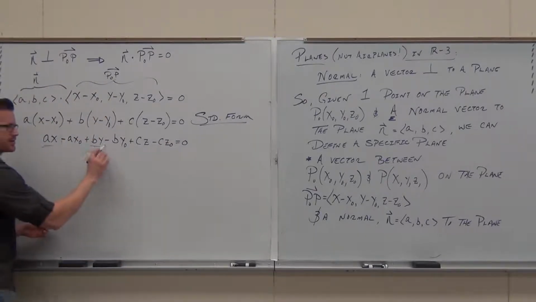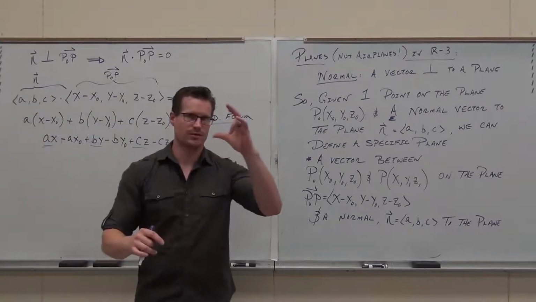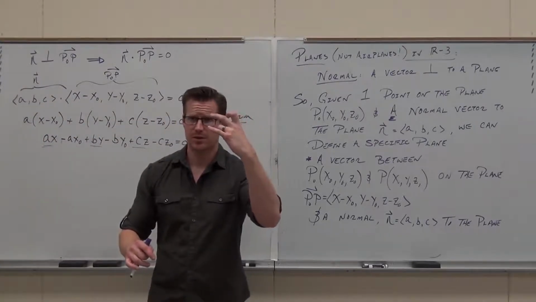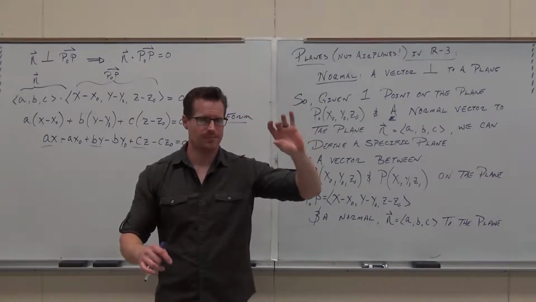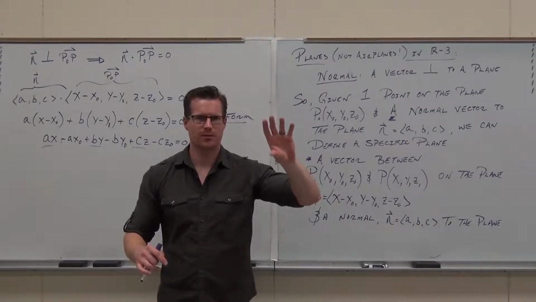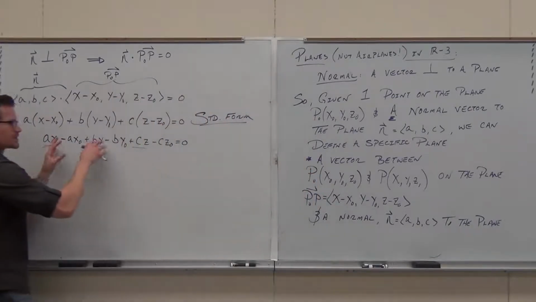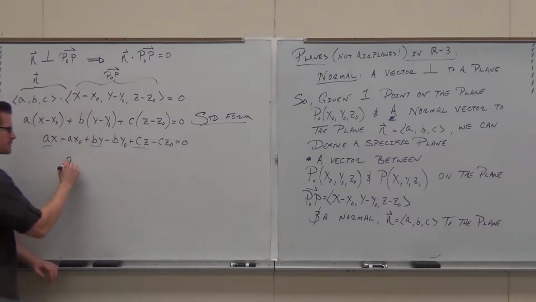Keep this, and you are going to have 3 numbers. Direction, the normal vector components, times the actual, what do you call those things? Coordinates of our point. And they're going to be numbers. If you add or subtract to get them all to one side, we end up getting this.